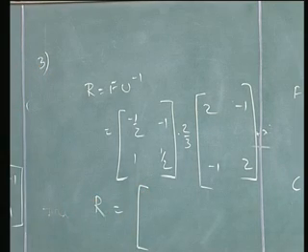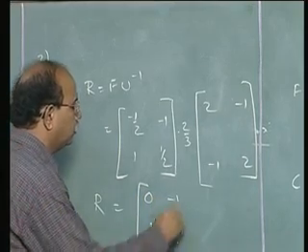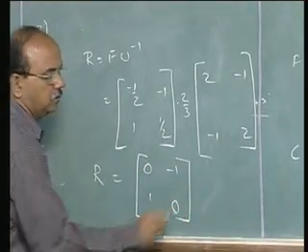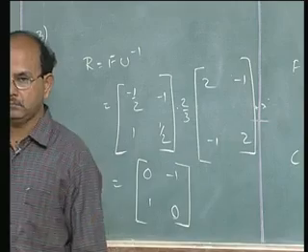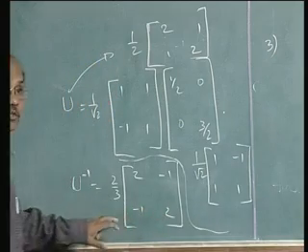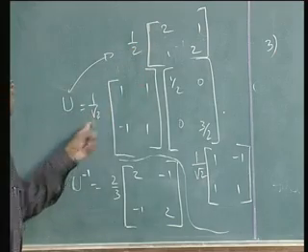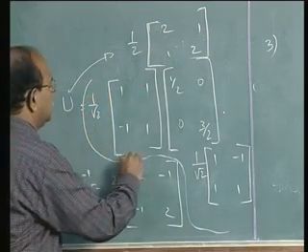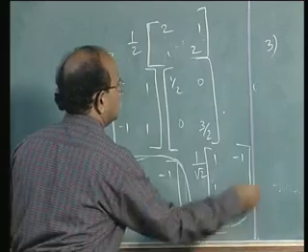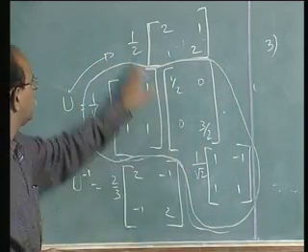So, r is equal to 0 minus 1 1 0. Note that this is u inverse, not u. This u is here, just you have to multiply those terms there. 1 by root 2, 1 by root 2 goes out to half.